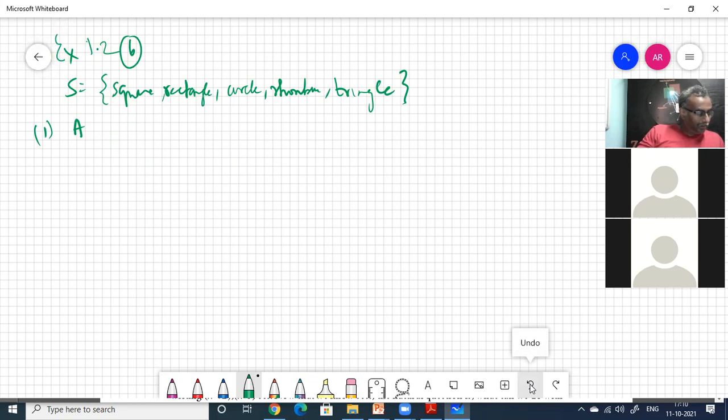Then third one, set of shapes in which the sum of all the interior angles is 180 degrees. Arpana. Yes, uncle. The set of all shapes in which the sum of the interior angles is 180 degrees. You write that set.